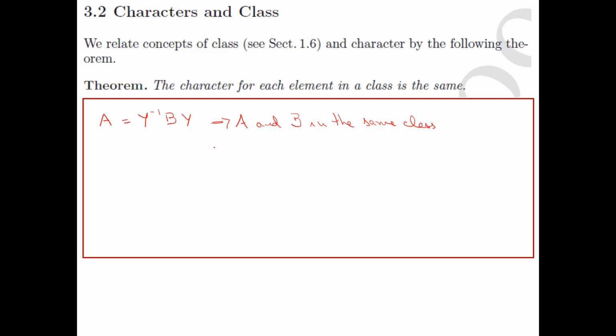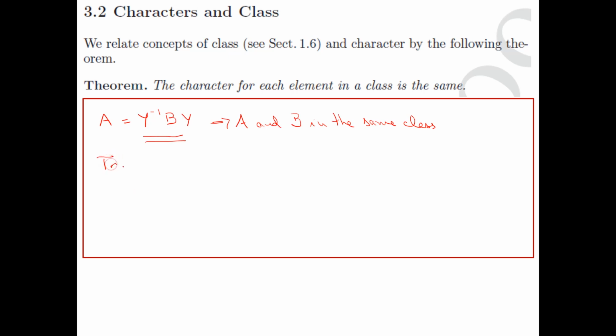So it is immediate then that since the trace is invariant under this similarity transformation, also because all group elements can be represented by unitary matrices, the trace of A is equal to the trace of B, right?